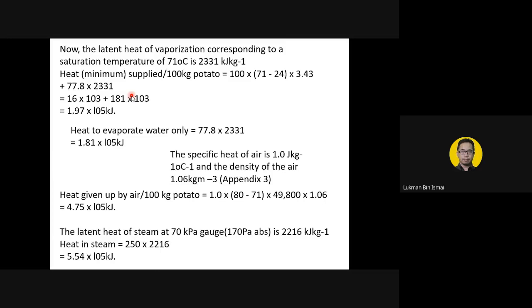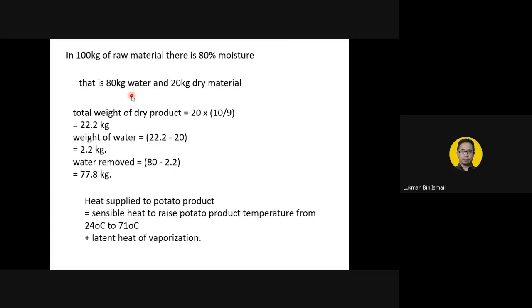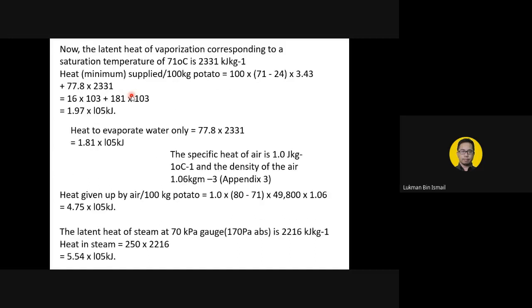1.81 is the heat to evaporate water, and the heat supplied by the steam is 5.54 times 10 to the power of 5 kilojoule. Heat required to evaporate water is 1.81 times 10 to the power of 5 kilojoule.